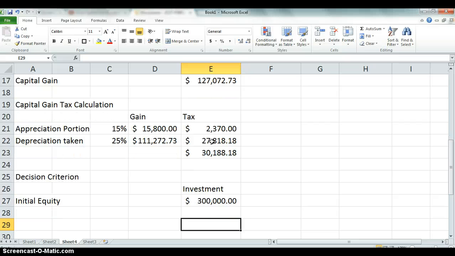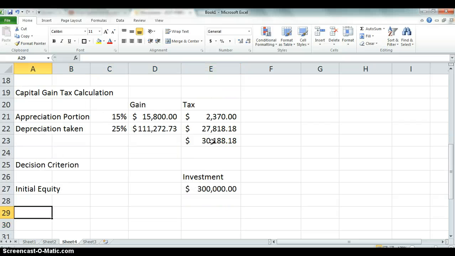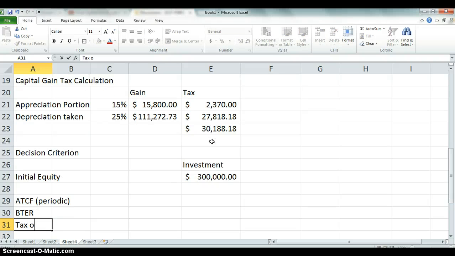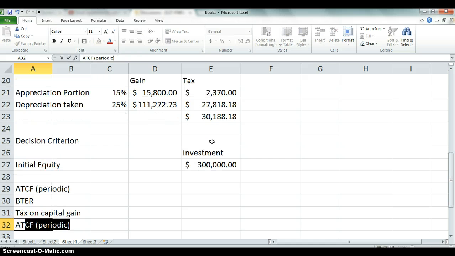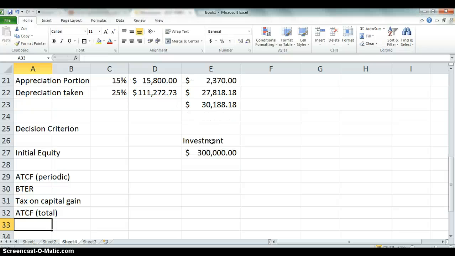Now we're going to build another chart that will include our after-tax cash flow periodic. It will also have our before tax equity reversion, our tax on capital gain, and finally our after-tax cash flow total, which is pretty much our cash flow for the whole problem.